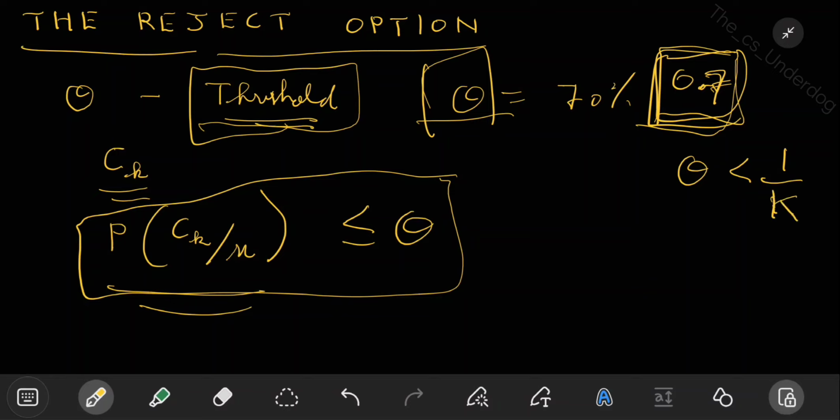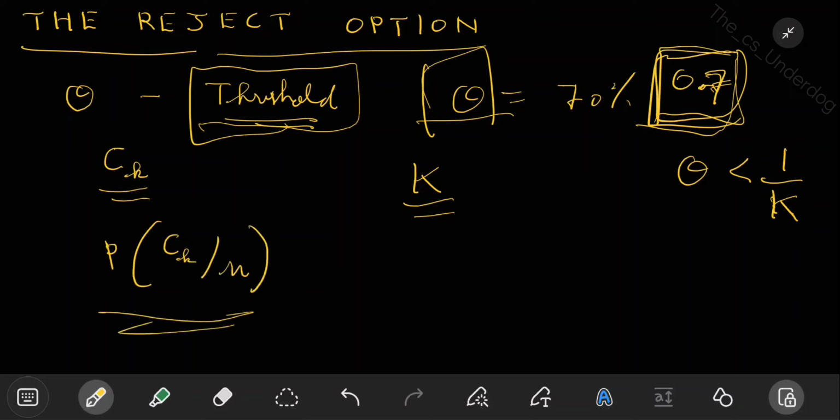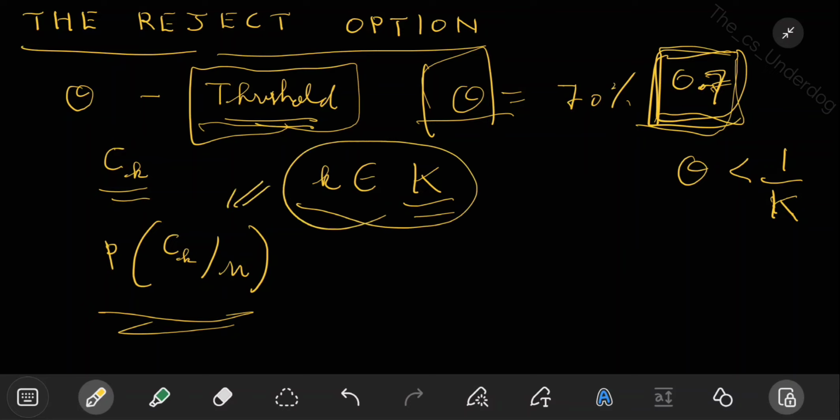If you put less than 1 by k, what will happen? You have k classes, right? If you have k classes and you take p of ck given x for each small k element of k, we know it is a probability, so the sum of all these should be 1, right?